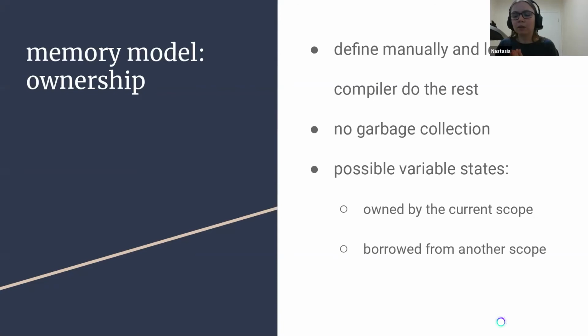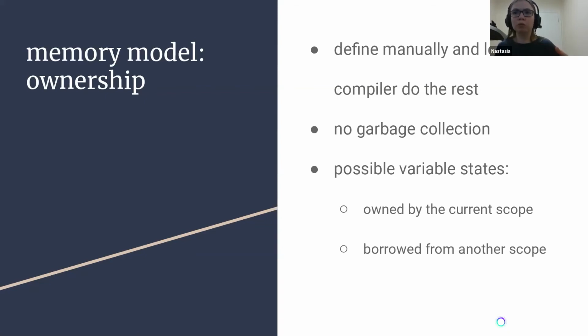Everything that you do for the memory flow in your application is just about using the Rust syntax to define where things are created, where they transfer ownership and all of that. And for every variable, regardless of its type in Rust, you would see only two possible states.